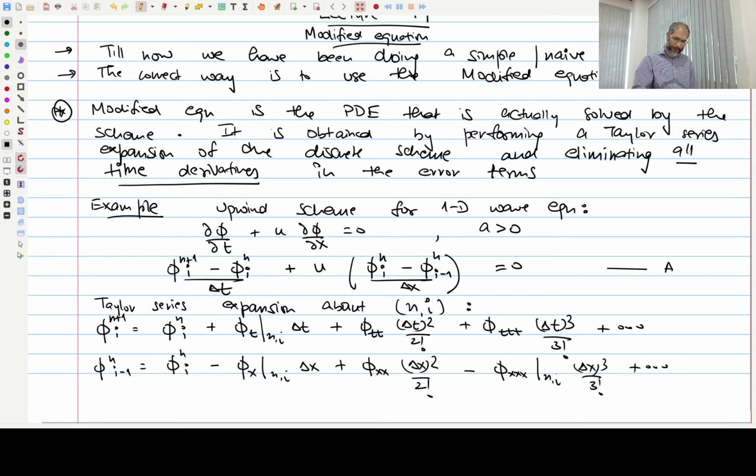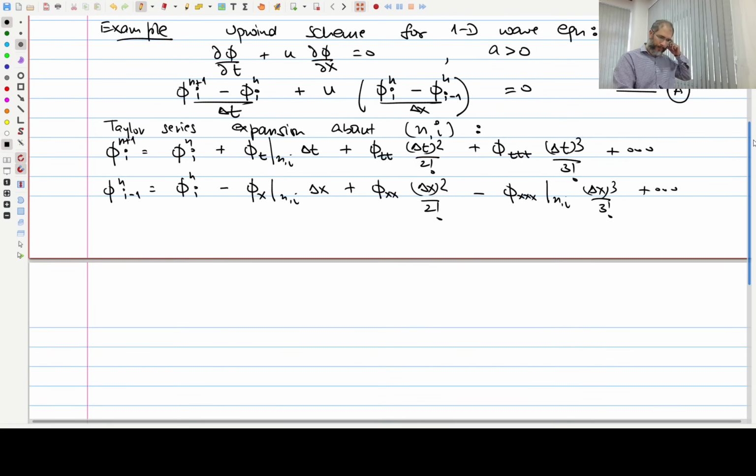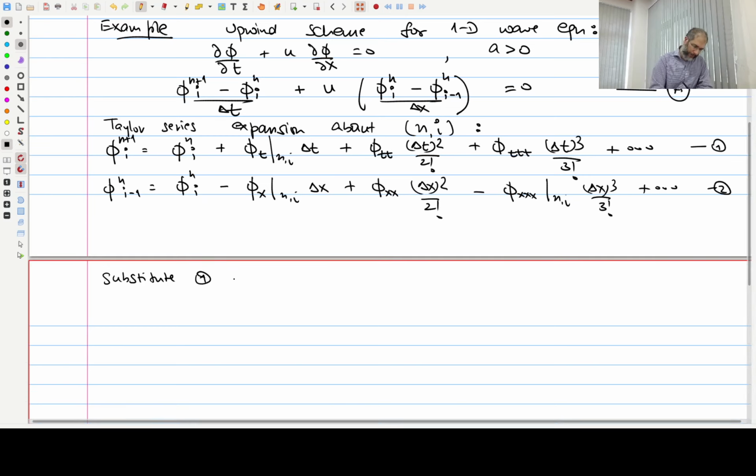So let's call this equation A. In equation A, on the left, the time derivative phi n plus 1 i minus phi n i is taken care of by these two terms.